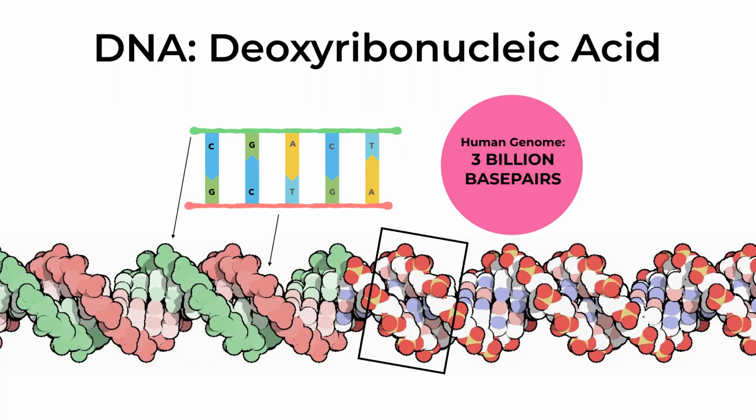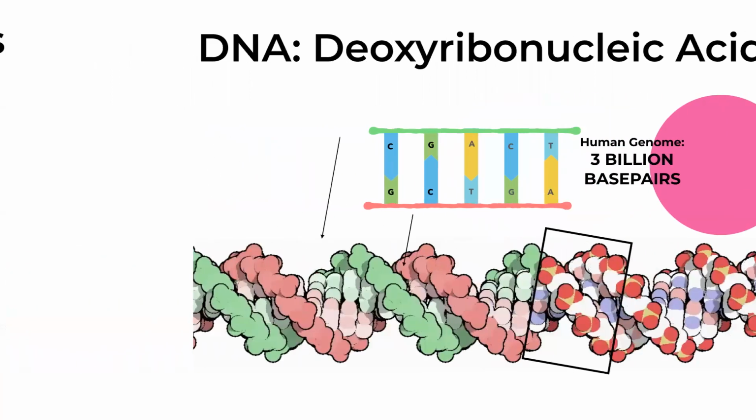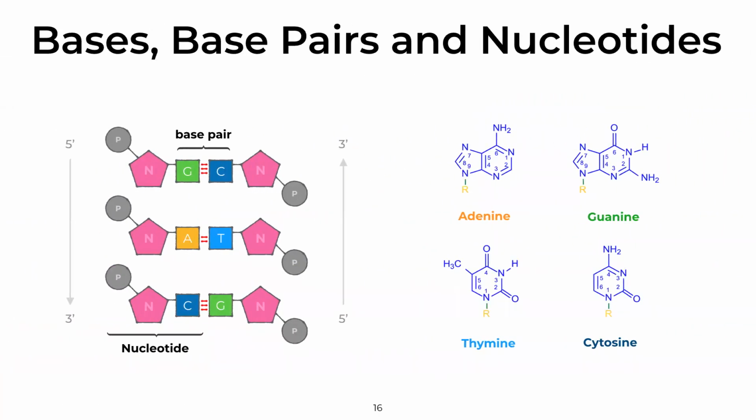Let's zoom in and look at how these bases form. The way that these bases are put together are as nitrogenous bases, or you can call them bases for short. There are 4 types of bases: adenine, thymine, guanine, and cytosine.